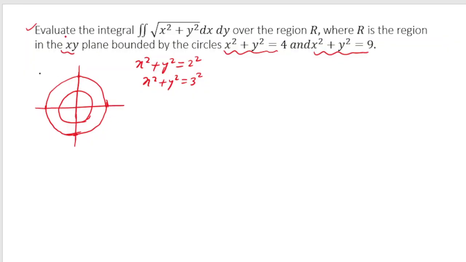So evaluate this over the region where R is the region in the xy plane bounded by the circle x square plus y square is equal to 4 and x square plus y square is equal to 9. So you see what is the region that is being bounded. Can you see I am setting the region? And first of all, in the problem they have not specified that you have to change the variable.